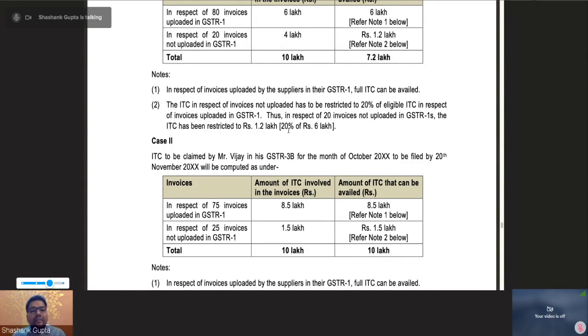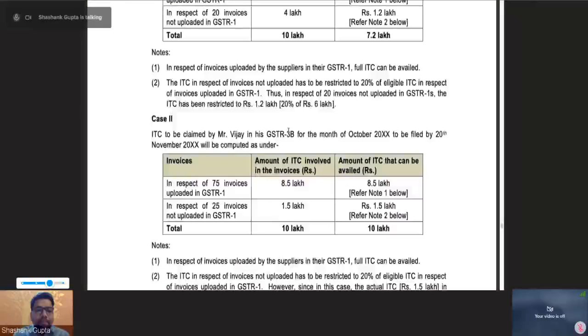And hence, the maximum amount of eligible ITC will be restricted to the actual amount of ITC, that is 10 lakhs. That is, in no case it will go beyond 10 lakhs. And hence, for case 2, the answer is 10 lakh rupees.